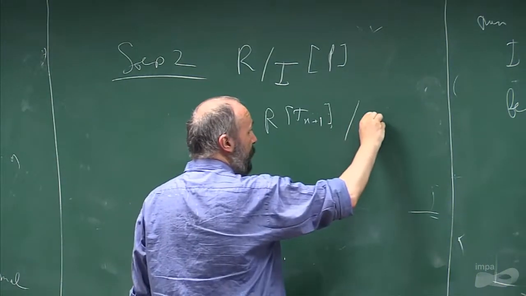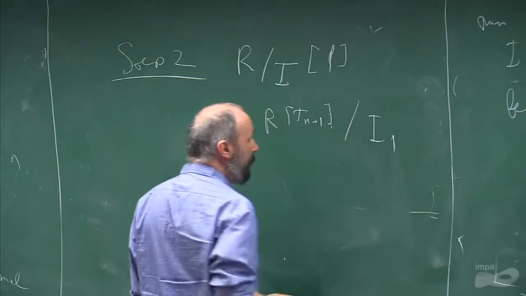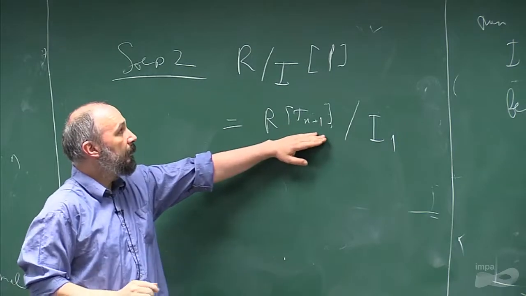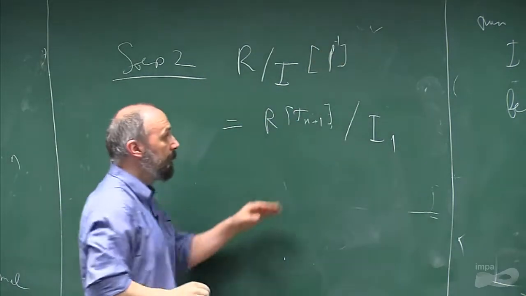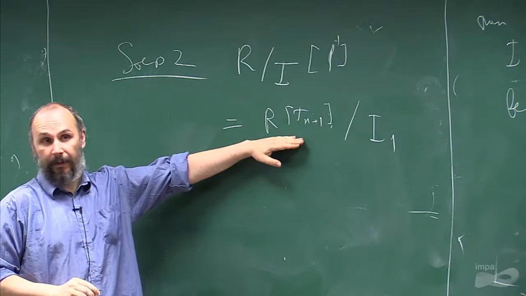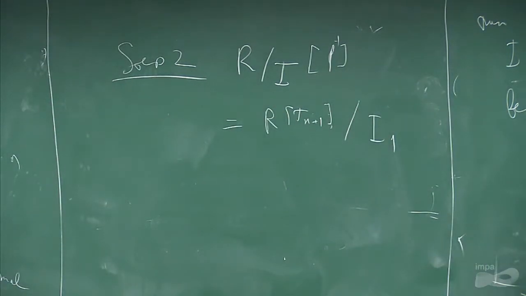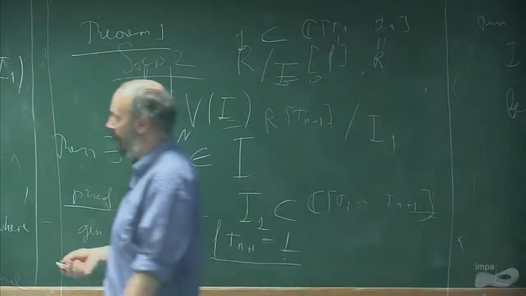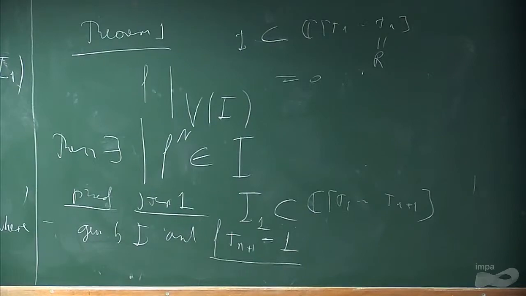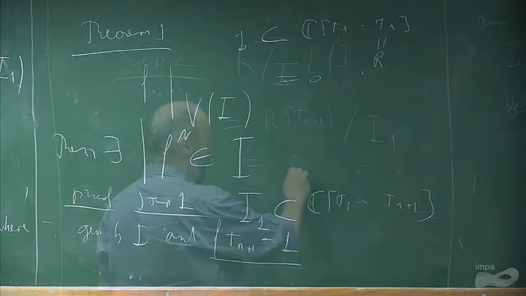So this is the same as the quotient by I1. I mean, this is by definition. What we did, we just localized. We added one more variable and this relation. This is the same as doing localization. But this is the zero ring because this ideal contains a unit.